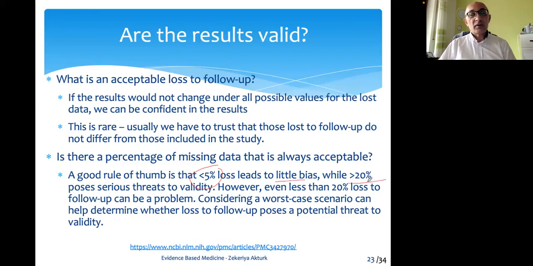And above 20%, we regard it as a threat to validity. So what is in between? In between, you decide what to do, looking at some other factors. But even if you have less than 20%, it can cause a problem. So considering a worst case scenario can help determine whether loss to follow-up poses a potential threat to validity.